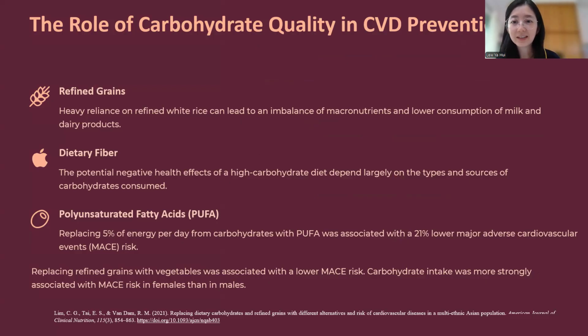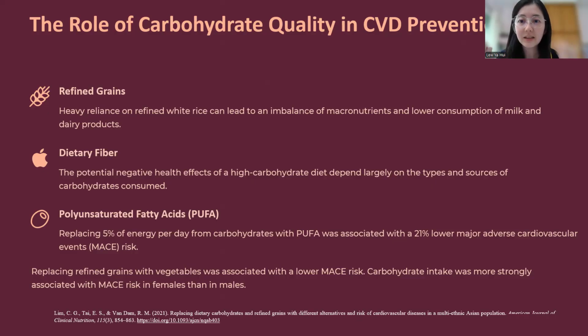Eating too much white rice can cause this effect, and a high intake of carbohydrates will also cause serious heart problems, which we call major adverse cardiovascular events, or MACE.